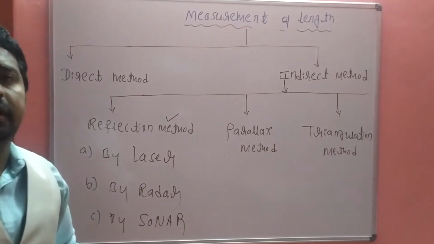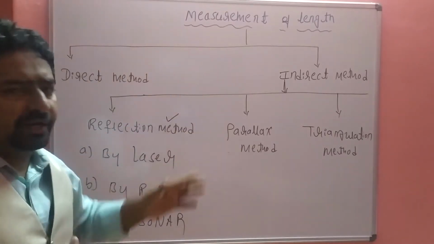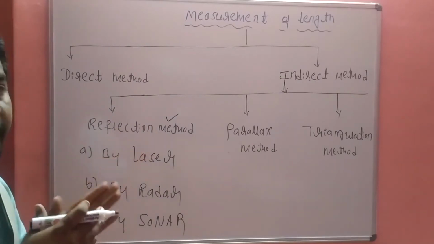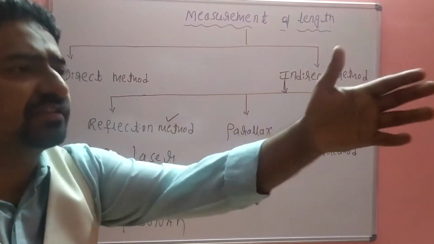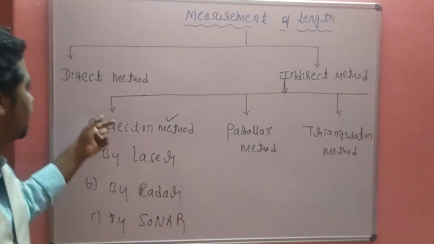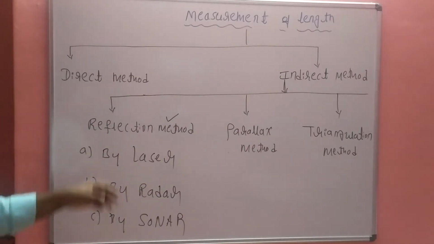Complete detail will be studied in a later topic. So reflection means it is a bounce back. When a ray of light or sound waves are incident, then it is reflected back. That is the phenomenon, reflection. So these three work on the principle of reflection.